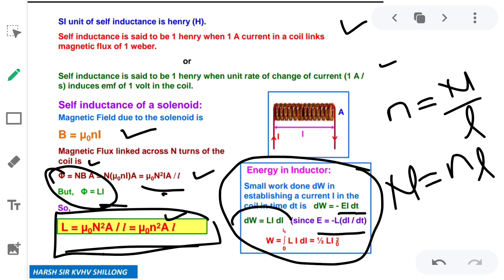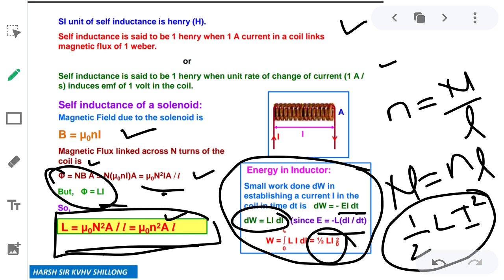You'll get dW equal to L I di. And further if you integrate, we'll get the answer half Li square. This energy is stored in the inductor. Similar to the capacitor, if you remember, in that also we did QV, and using that we derived the formula for the capacitor. It comes as half CV square. And here it comes half Li square.